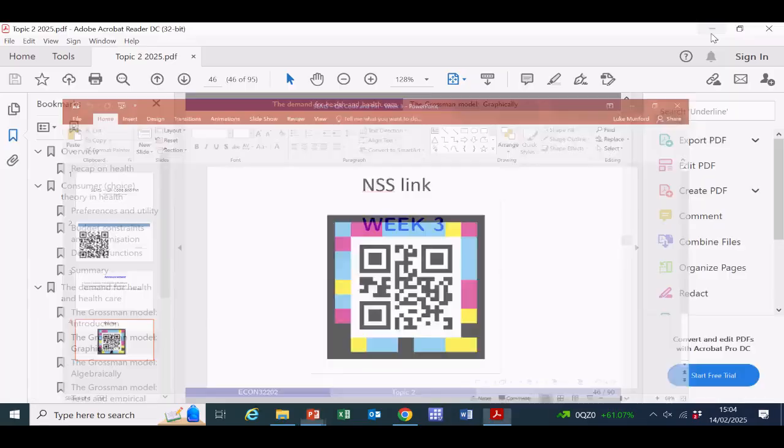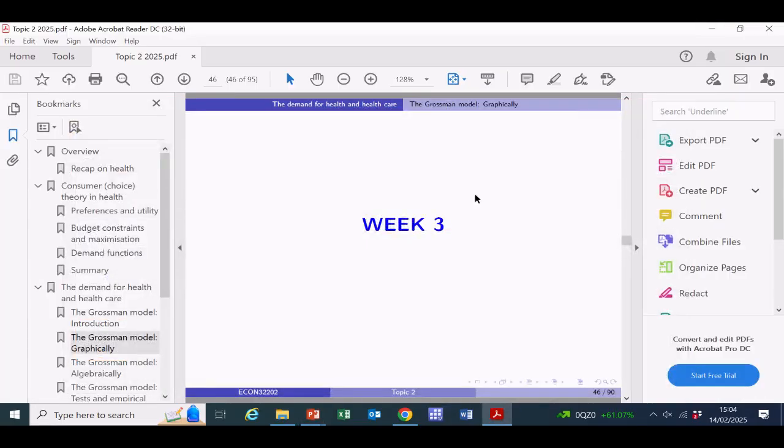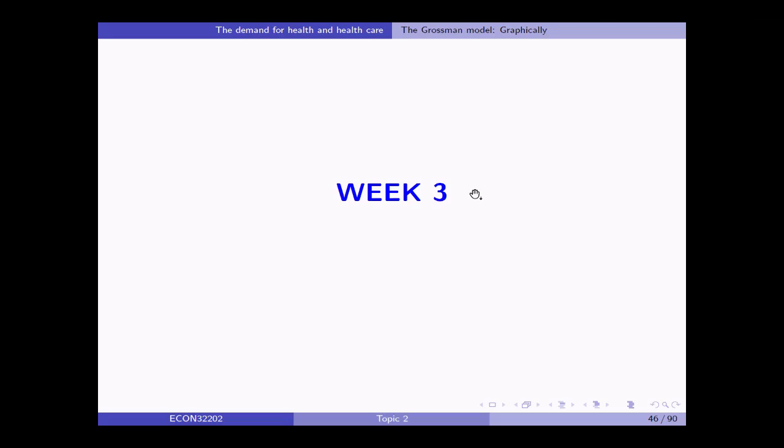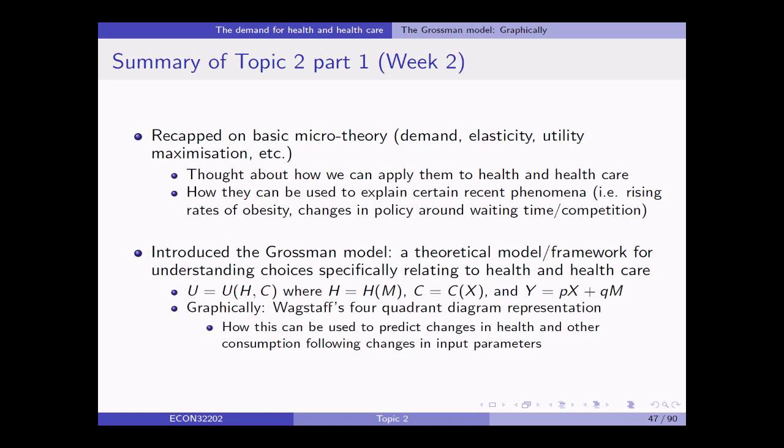So today we'll continue with topic 2, where we're looking at the determinants of health and the demand for healthcare. Last week was a recap of some quite basic microeconomic theory, some fundamental concepts such as demand, elasticity of prices and income, utility theory under constraints, and how they can and maybe can't be applied to the topic of health because of certain properties that differentiate health from other economic goods.